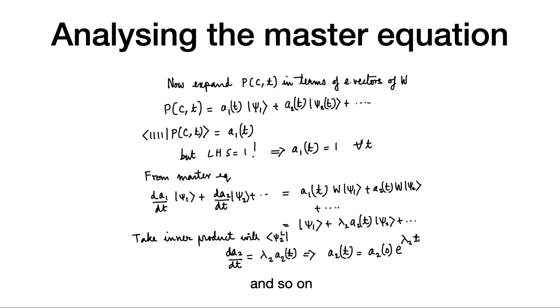And here is dP by dt, which is W times P, which is W times the whole thing. Remember, our master equation was dP by dt is W times P, and W acting on P is A1 times W psi 1 plus A2 times W psi 2, and so on.